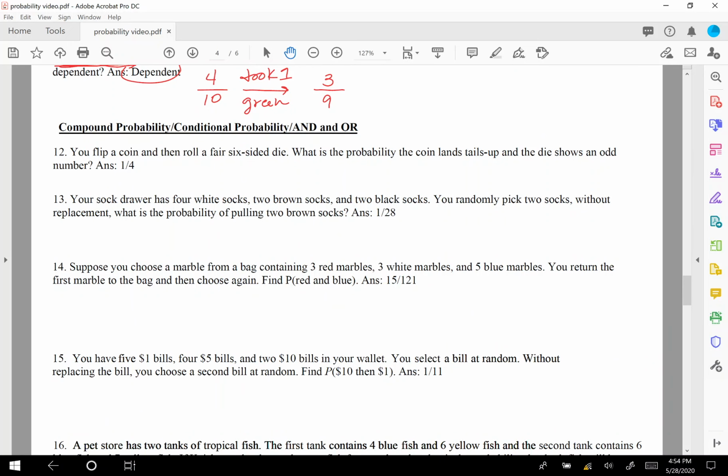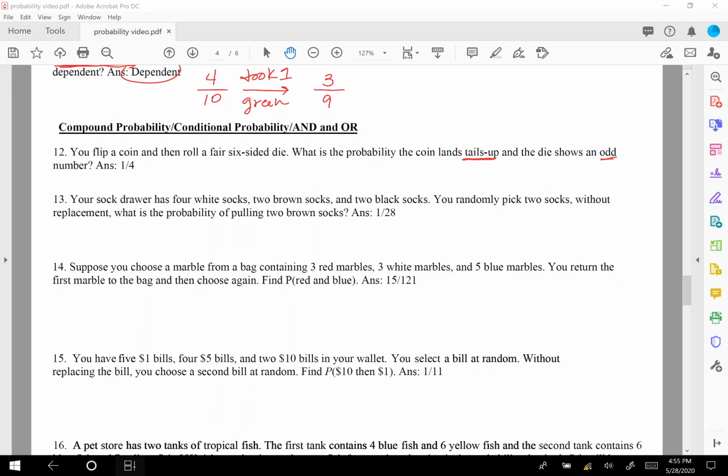It says you flip a coin and then you roll a fair 6-sided die. What is the probability that the coin lands tails up and the die shows an odd number? So we have 2 events. They are independent. The coin flip does not affect the roll of the die, but what we do with these 2 things is we multiply their probabilities together.